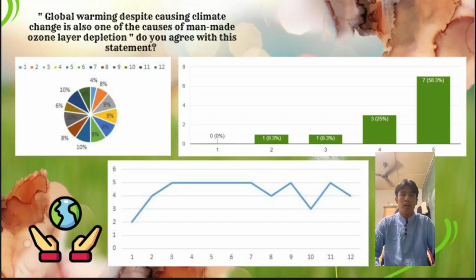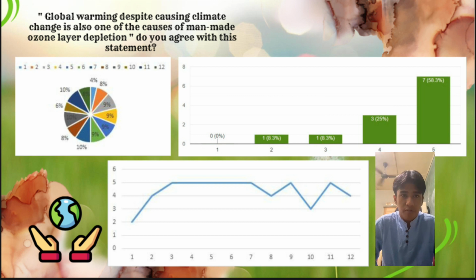For the last question, I got this statement from the newspaper, which is global warming is also one of the causes of the depletion of the Earth's ozone. Only 1% disagreed and was neutral about the statement. 25% answered agree and more than half, which is 58%, answered strongly agree with this statement.